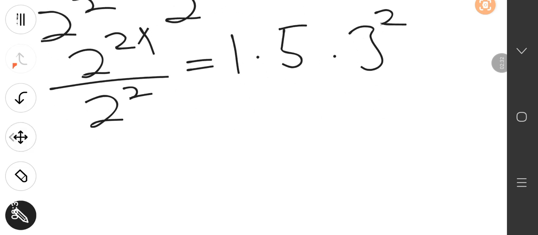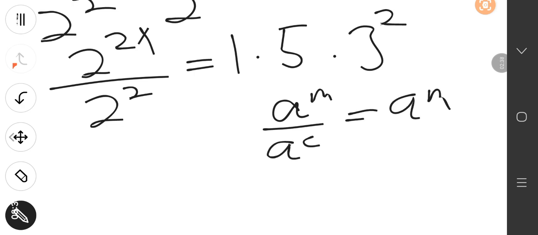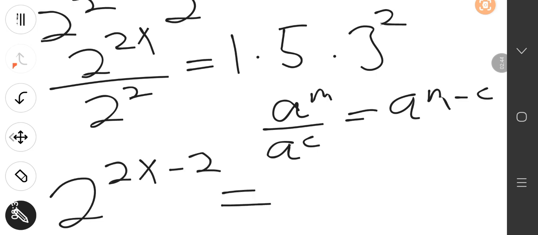Okay, so let's apply the quotient rule. So a exponent m over a exponent c should give us a exponent m minus c. So our equation becomes 2 exponent 2x minus 2 equals 5 times 3 squared.